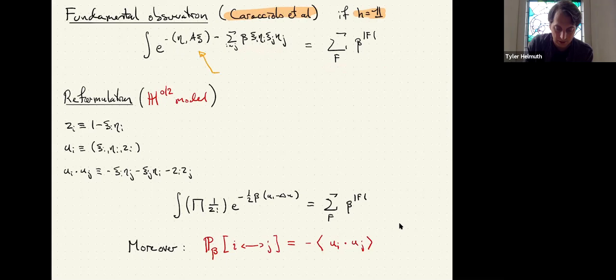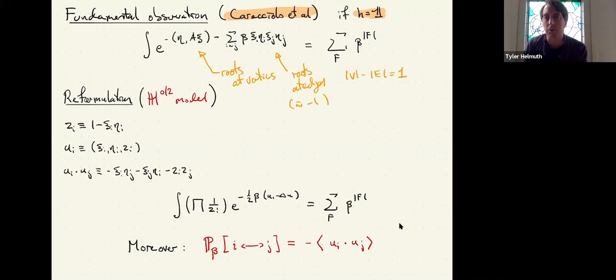Well, this term roots at vertices, that's the matrix tree theorem, and this term roots at edges, with a -1. So since in every single tree, the number of vertices minus the number of edges equals 1, once you sum over all the possible roots, you end up with the sum over unrooted spanning forests.